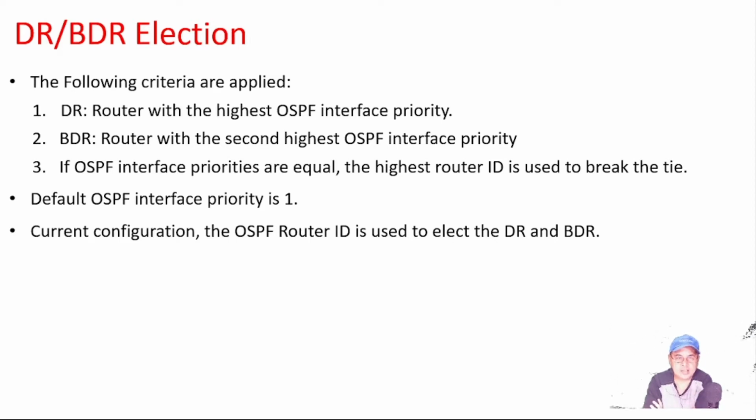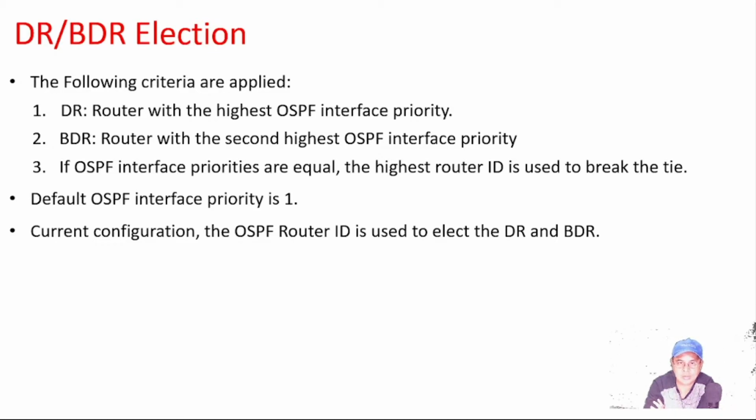So what are the criteria of electing DR and BDR in a multi-access network? The first criterion, number one: the router with the highest OSPF interface priority will be the DR. Okay, please take note of that.